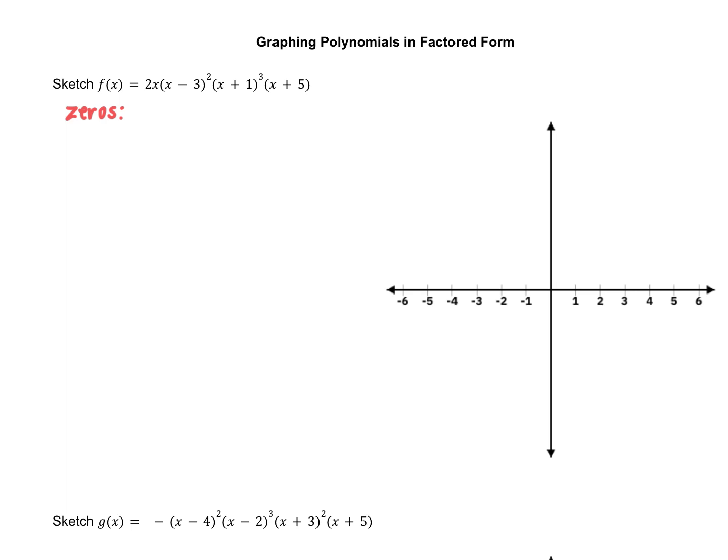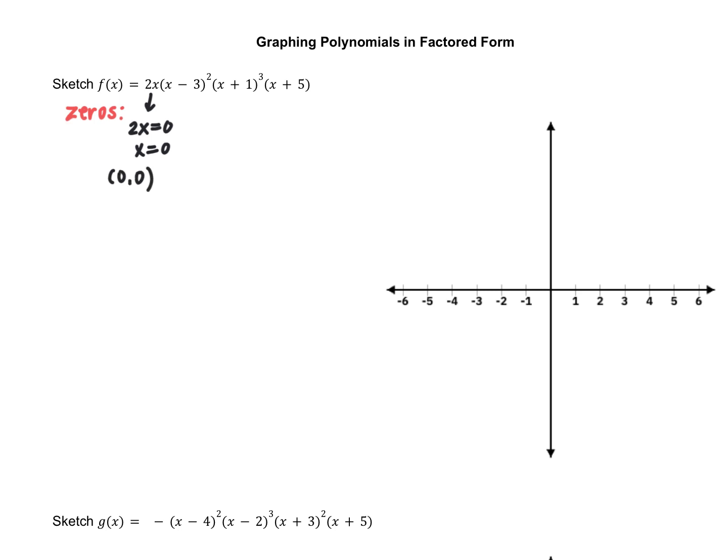And just a reminder, when you are finding your zeros, you're just taking each factor, setting it equal to 0, and isolating for x. So for example, the first factor is 2x. If I were to set that equal to 0 and divide both sides by 2 to isolate for x, I get 0.